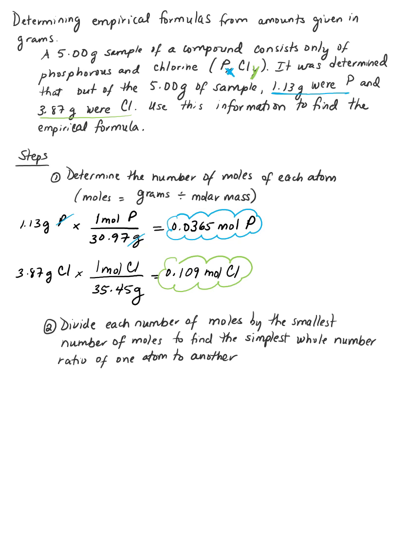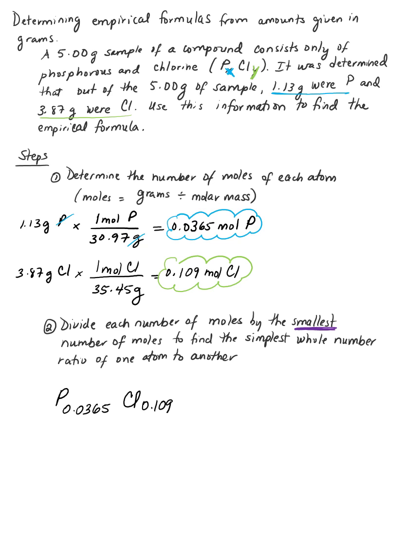Now the second thing that you have to do is divide both numbers of moles by the smallest one. Look, you have here in your problem that your formula is going to be PCl. So I'm going to write down my number of moles for P, 0.0365. For Cl, you have 0.109.